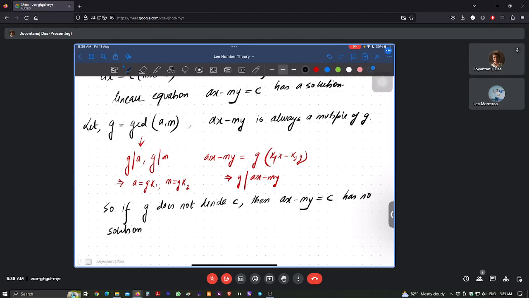This implies that the original congruence, ax congruent to c mod m, also has no solution.